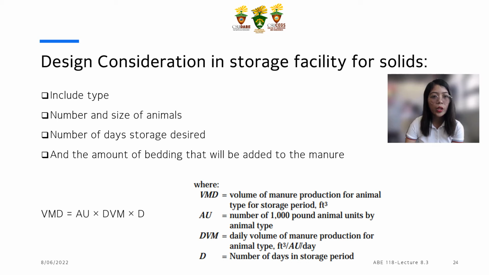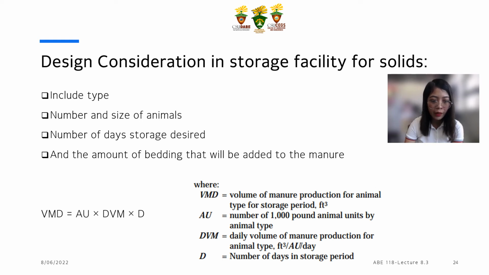So factors to consider in the design of storage facilities for solids include type, number and size of animals, number of days of storage desired, and the amount of bedding that will be added to the manure. So an equation can be used to calculate the manure storage volume.